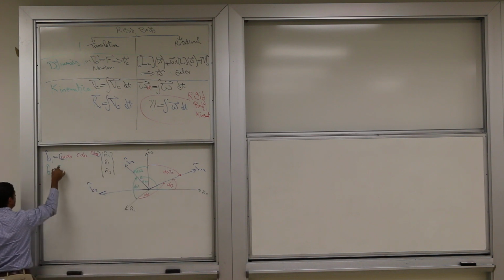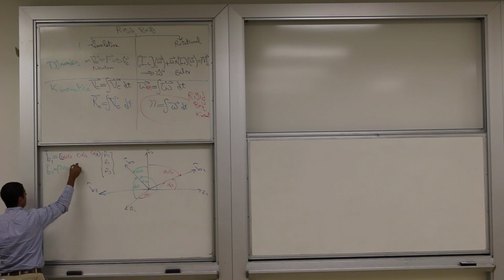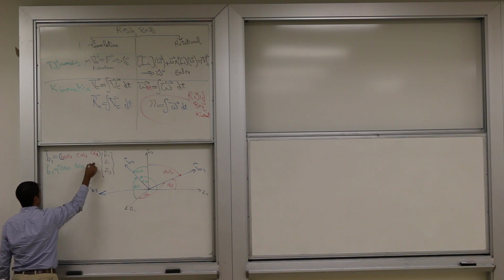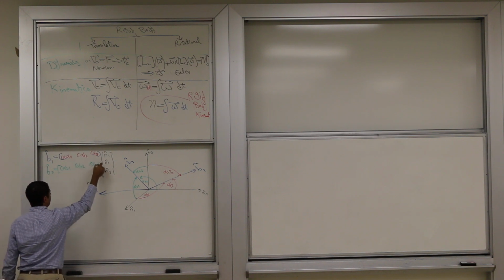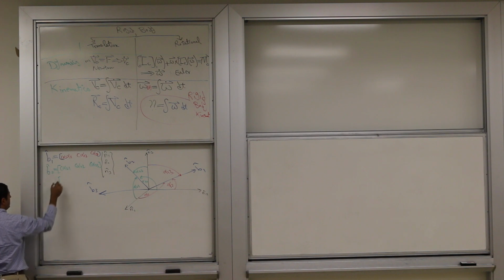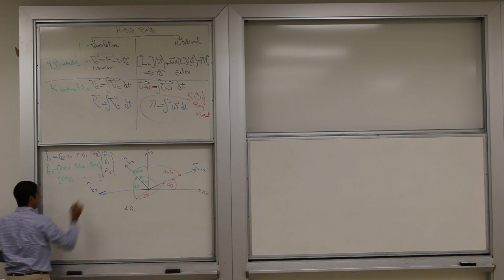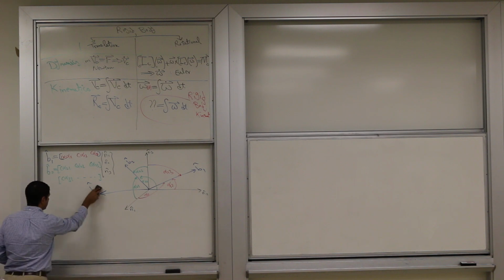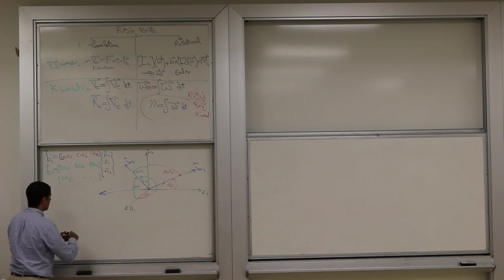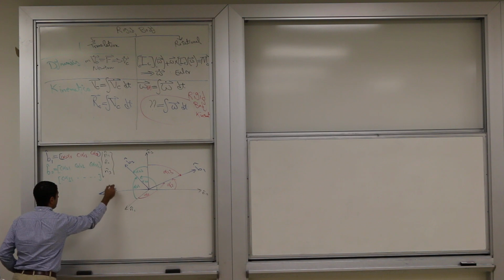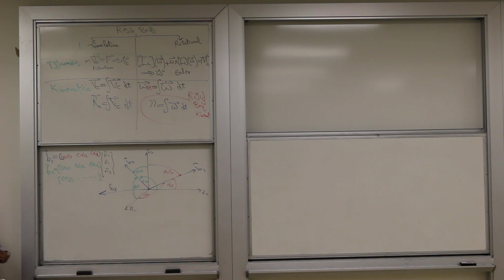And I need the 3 cosines here. Alpha 2, 1, alpha 2, 2, alpha 2, 3. And if you do the same, you will get cosine alpha 3, 1, and so on. Okay? Any question, please? So 9 angles.